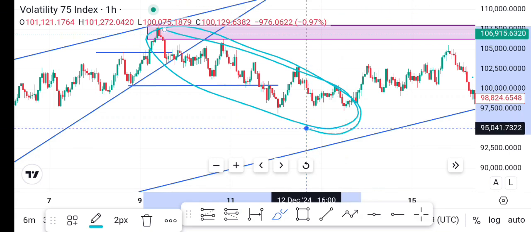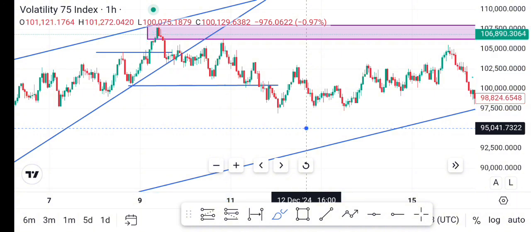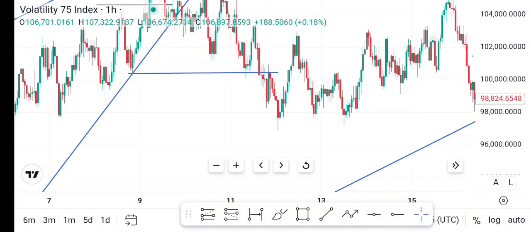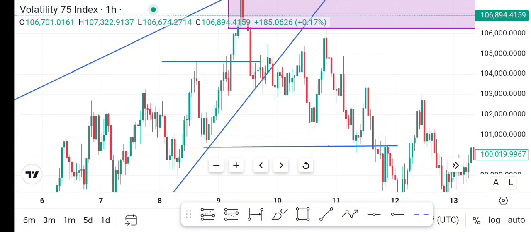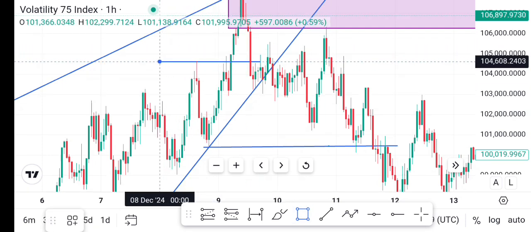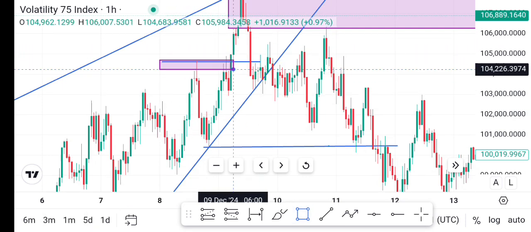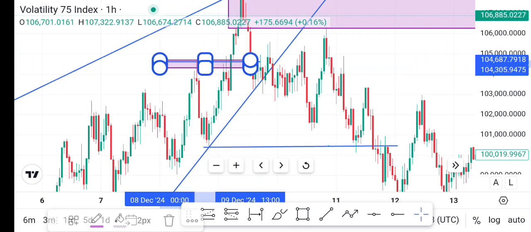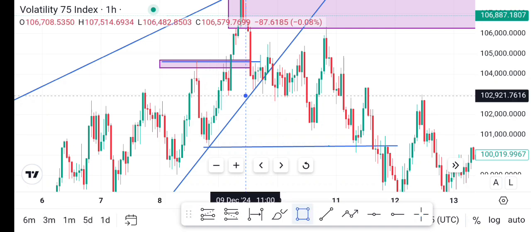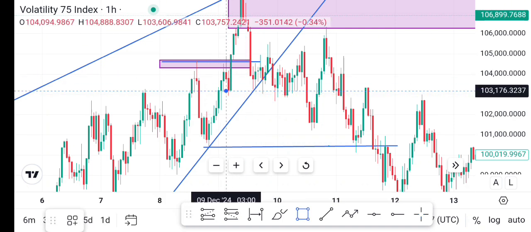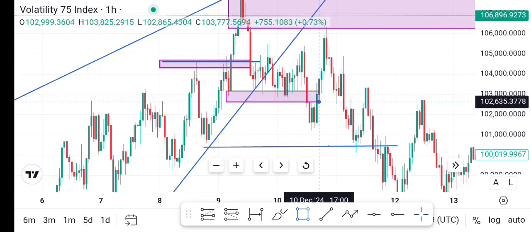How do we know that it is a signal that the market is looking for the sales? This was a signal because we can see that it broke this area here, which was making the higher highs, breaking the highs, respecting the higher lows, but the market came and then started disrespecting these lows.